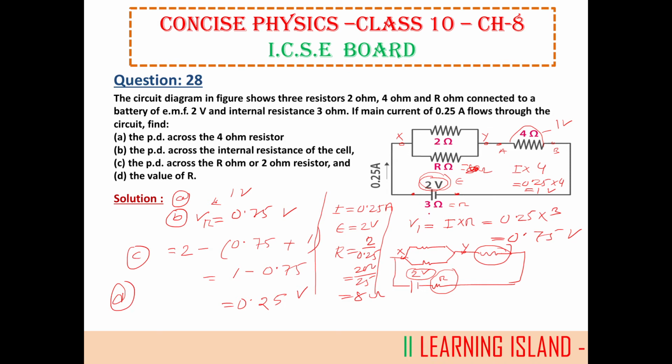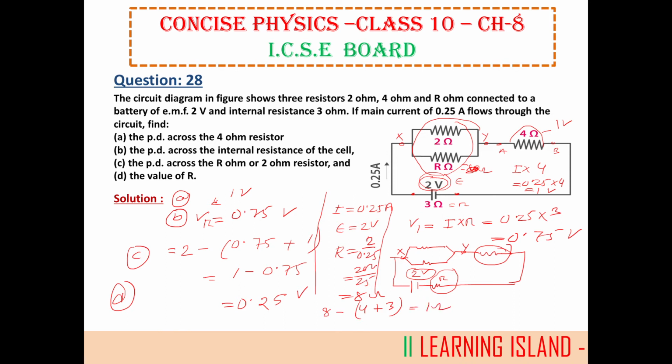So as the total is 8 ohm, the total equivalent of this circuit, between this 2 ohm and R ohm, the equivalent resistance would be this 8 minus 4 plus 3, that is 1 ohm.